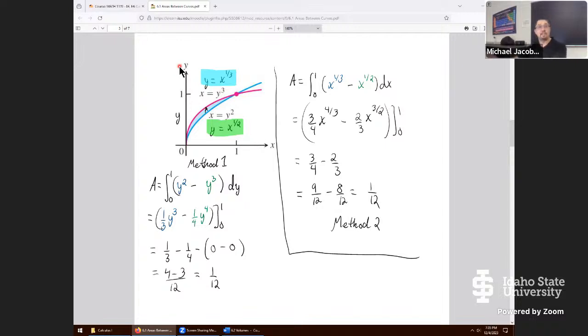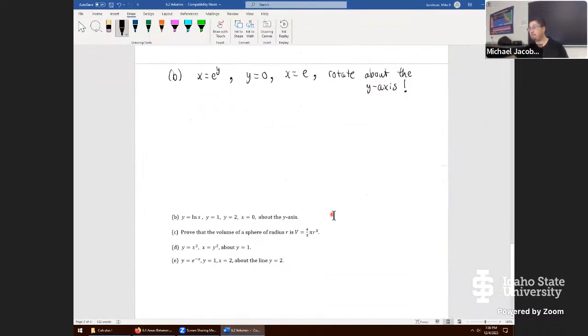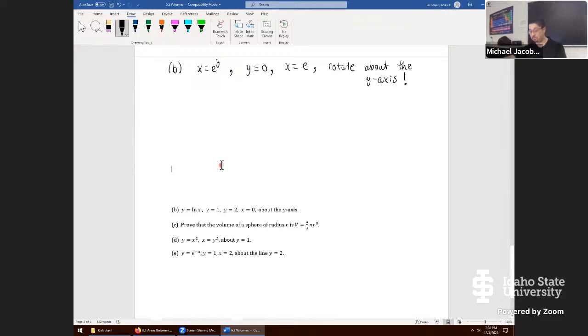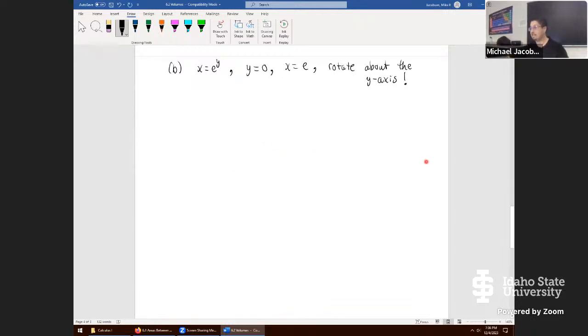Whenever that happens, it may not be a bad idea to literally change your roles of x's and y's. Integrate with respect to y, so a dy would go here. And the whole problem might be far, far easier just all of a sudden. Here, we try to solve for x and do it directly. It wasn't as bad. Here, it would be really, really bad. This is a terrible problem to go at directly unless we change our point of view on this one.